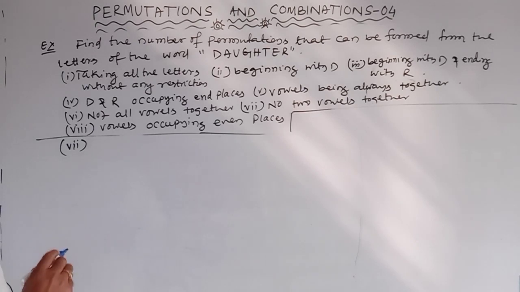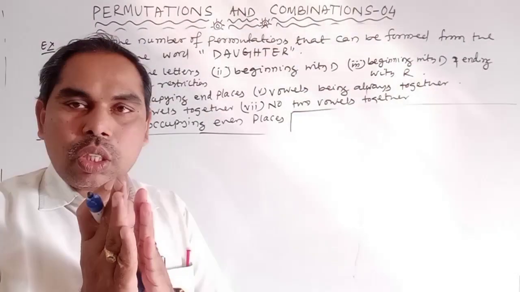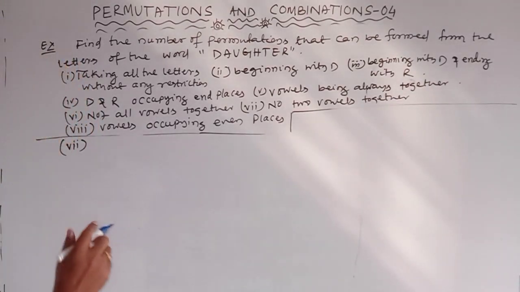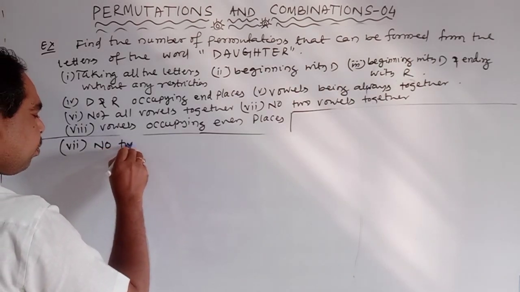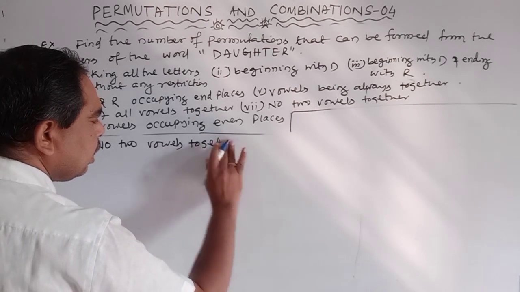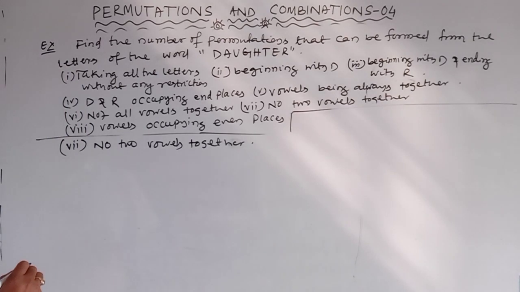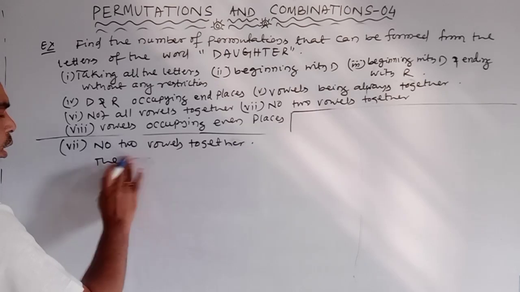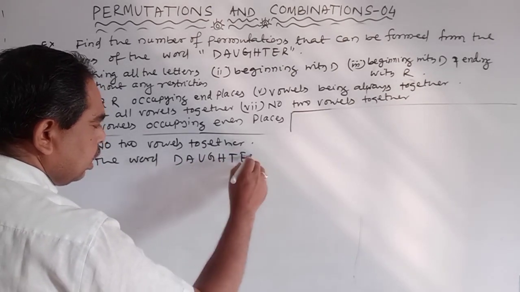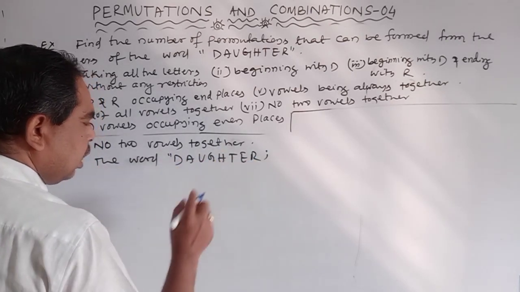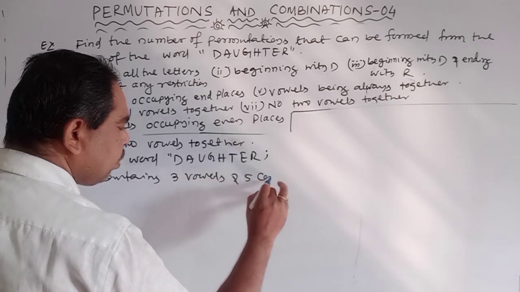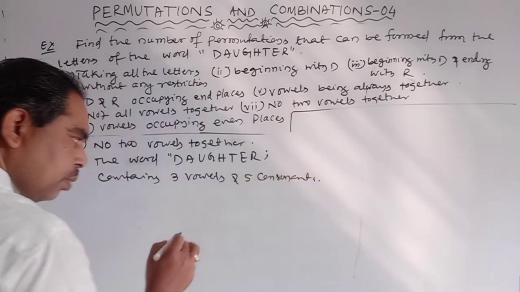Question number 7: no two vowels together. Between two vowels there must be at least one extra letter, so a single vowel sits between two extra letters. No two vowels come together. The word daughter contains 3 vowels and 5 consonants.